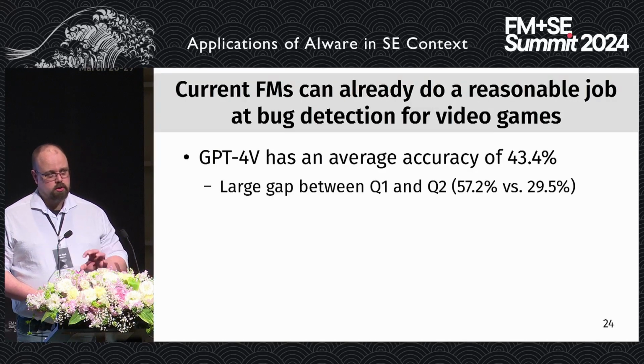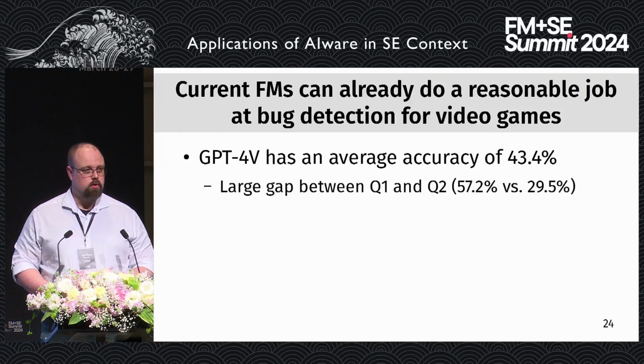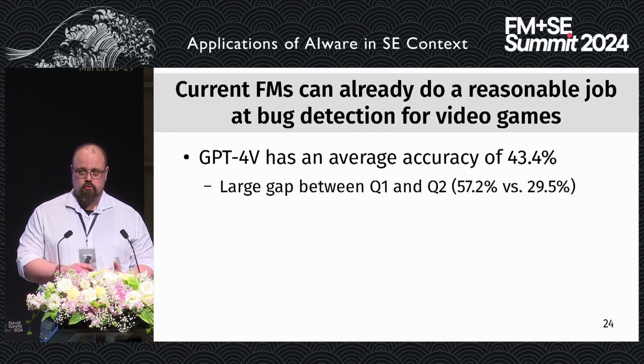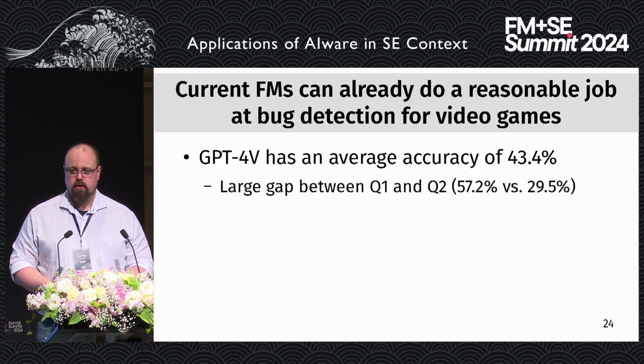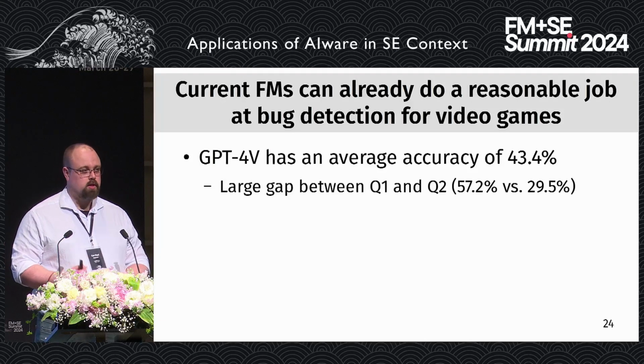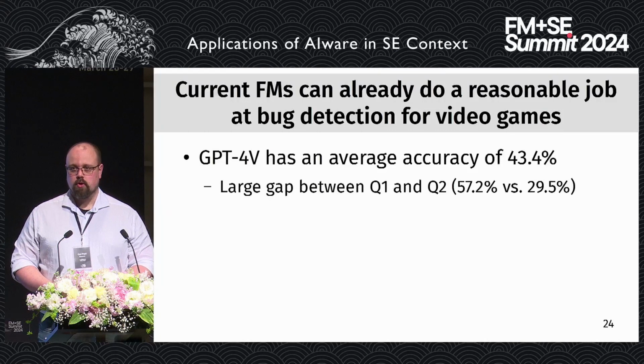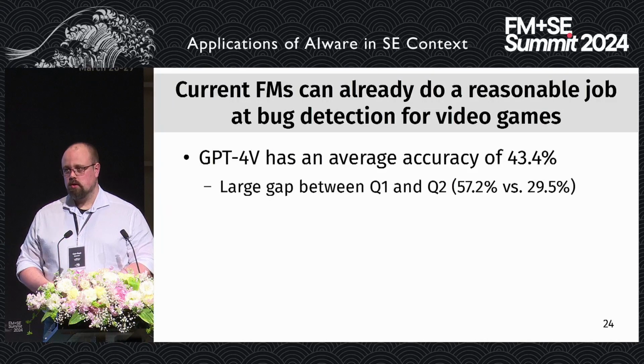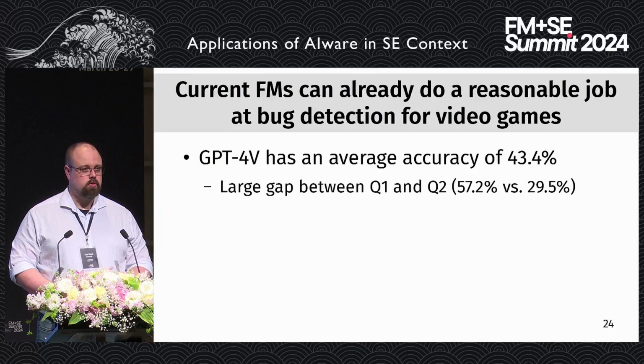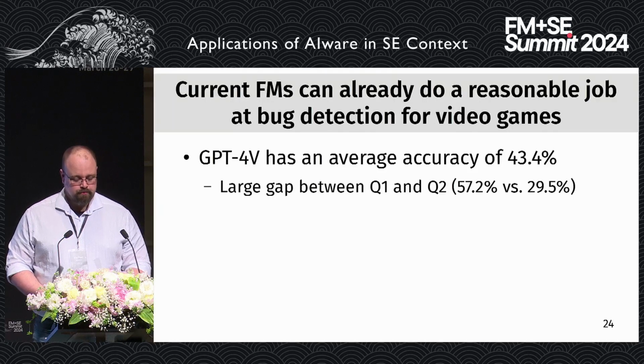But the interesting thing was there was actually a large gap between Q1 and Q2. So for the first question, it achieved an accuracy of 57.2%, and for the second one, it achieved 29.5%. So we did not initially expect that a small change in the prompt would affect the overall accuracy so much. So this is another example of how important this prompt tuning is, right?